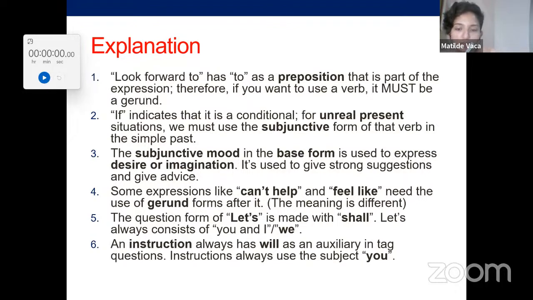After it, the meaning is different. The question form of let's is made with shall. Let's always consist of you and I, we. An instruction always has will as an auxiliary in tag questions. Instructions always use the subject you. Great. Okay, thank you very much.